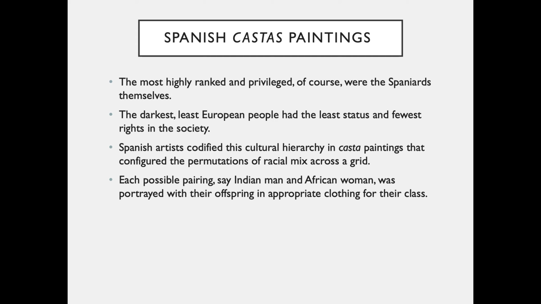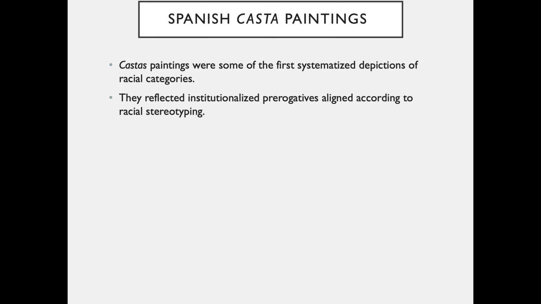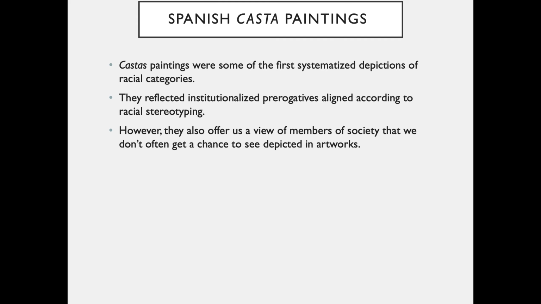Each possible pairing, say an Indian man and an African woman, was portrayed with their offspring in appropriate clothing for their class. Often they were shown performing what were considered appropriate tasks. Casta paintings were some of the first systematized depictions of racial categories.